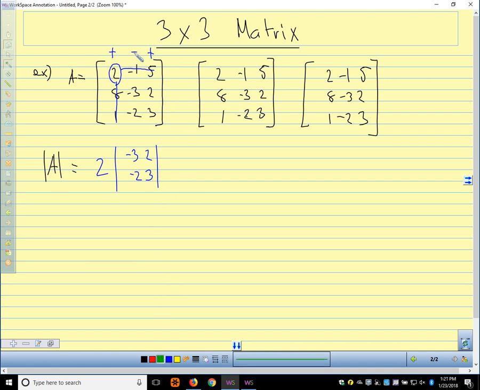Now I'm going to take this minus sign. Minus. Now I'm going to take this number and cross out the first row and the second column. And now I have a 2 by 2 matrix left after I cross those out, and I'm going to find the determinant of that.